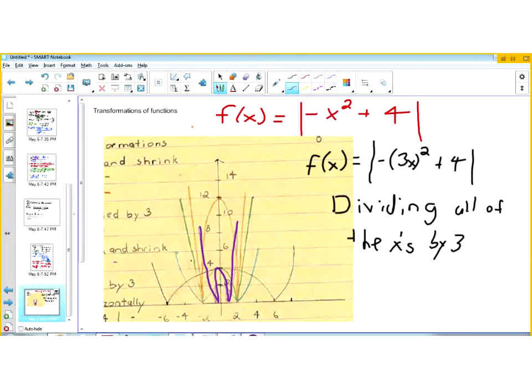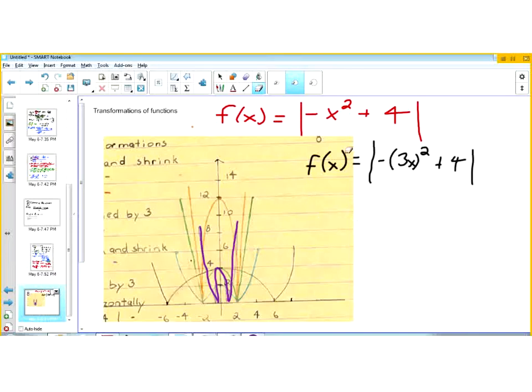Now, conversely, we would have a horizontal stretch, okay? And horizontal stretch basically is tantamount to multiplying all the x's by a quantity. So if we change the 3 to, say, a third, so let's do that.